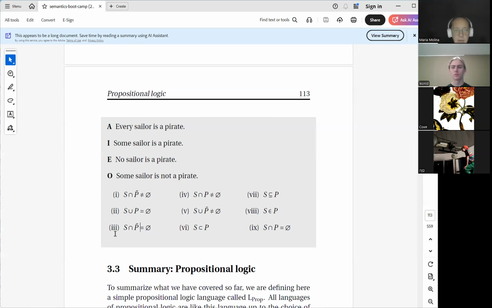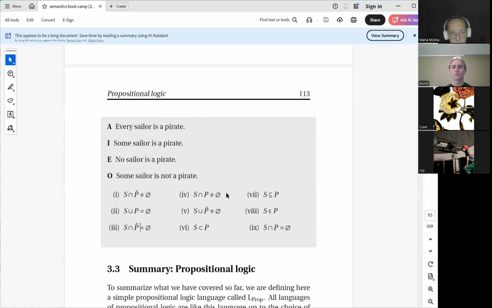And 3 and 7 are A. Every sailor is a pirate. And some sailor is a pirate, it's number 4. So the intersection between sailors and pirates is not empty.